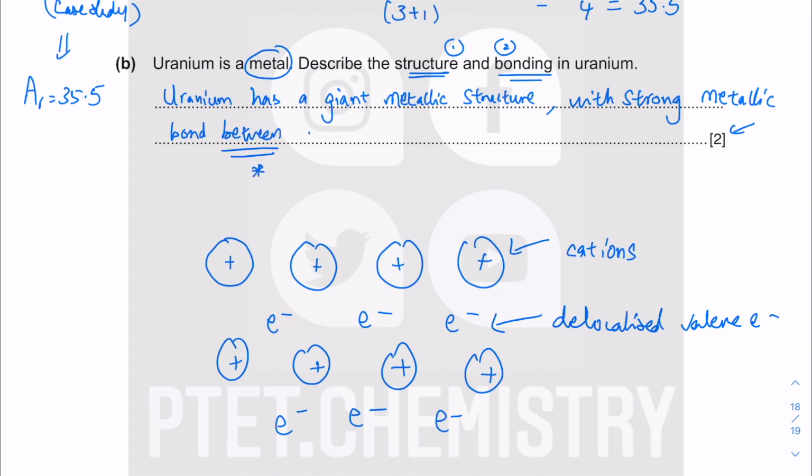Between the metal cations and the sea of delocalized valence electrons. Just as when you draw the diagram you have to label it, when you are asked to describe it in words, you also have to use these individual words to describe the whole structure and the bonding between them for a metal. So uranium is a metal, giant metallic structure, strong metallic bonds between these two particular lattice particles.